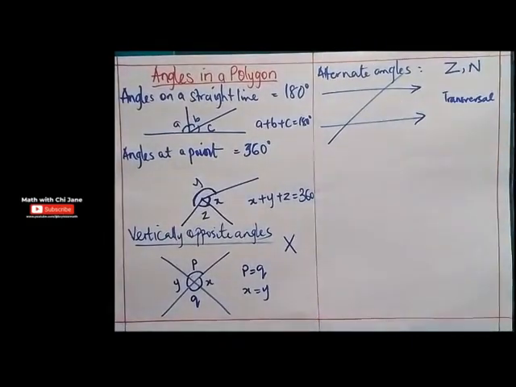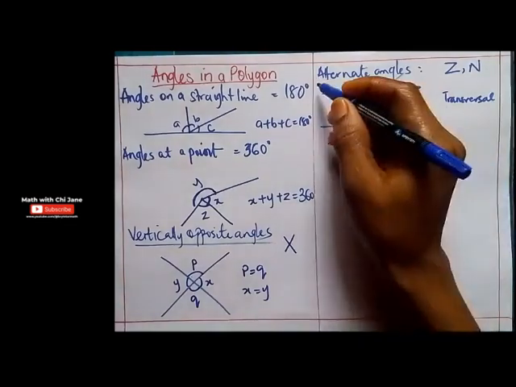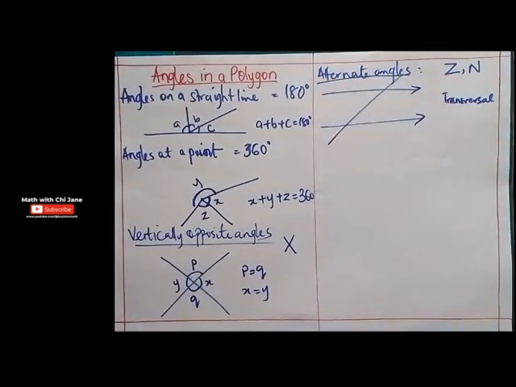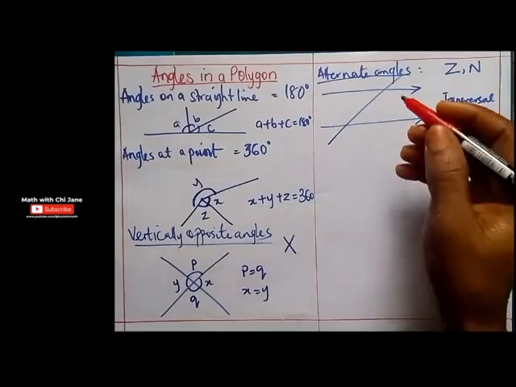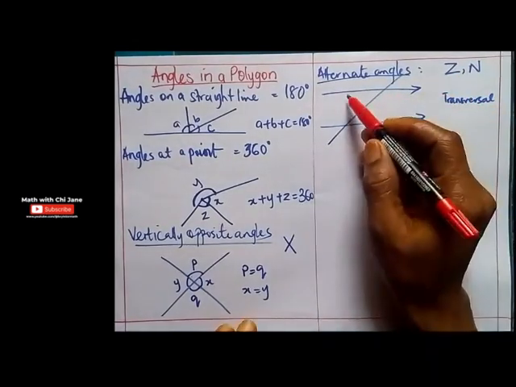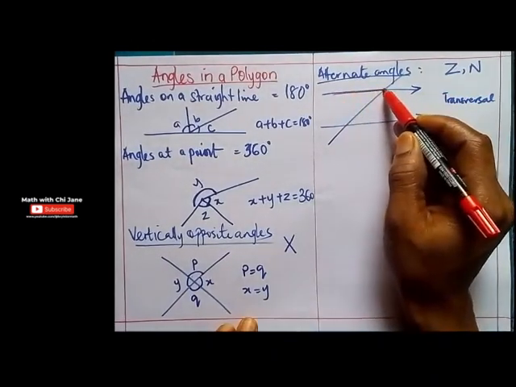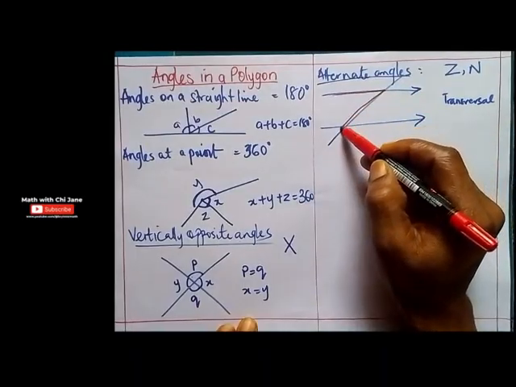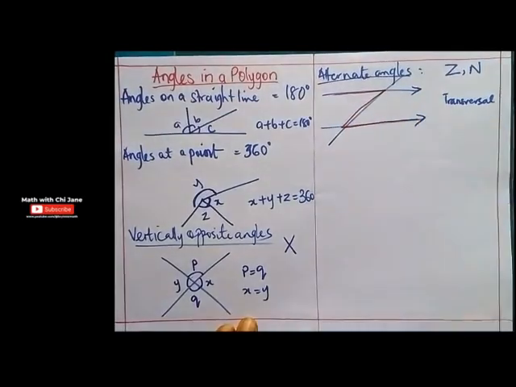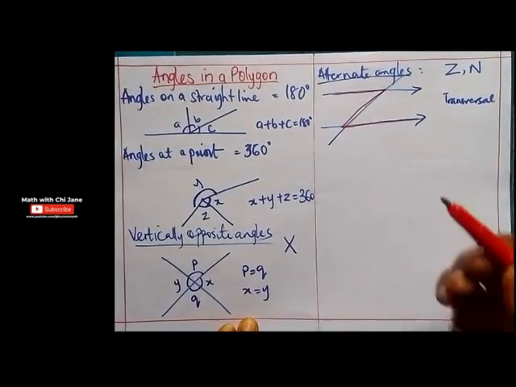Now, looking at this, let's see how the alternate angle is formed in this parallel line. We said it forms the letter Z. This is Z. This is the alternate angle.